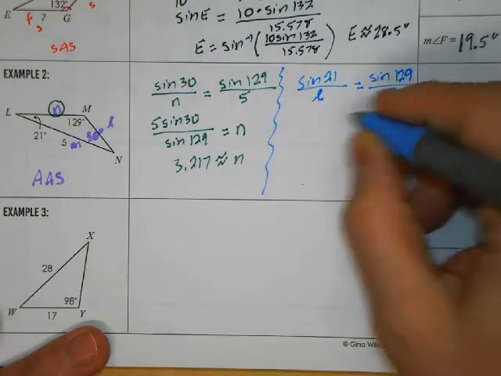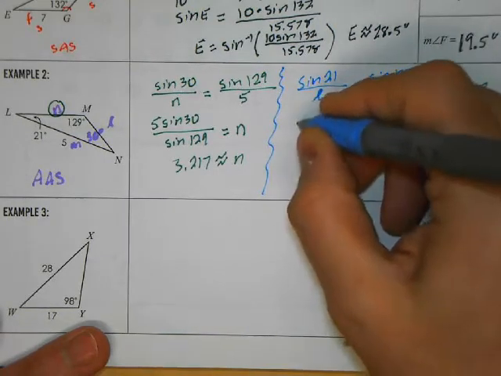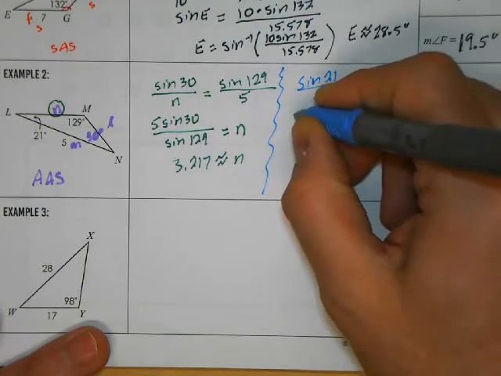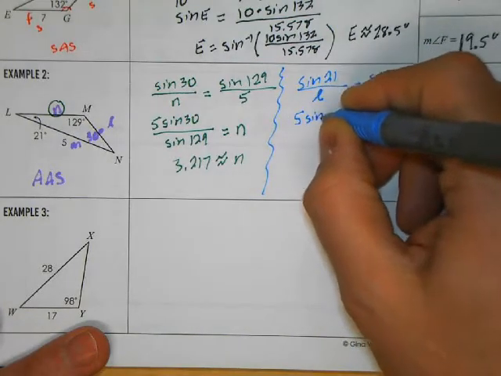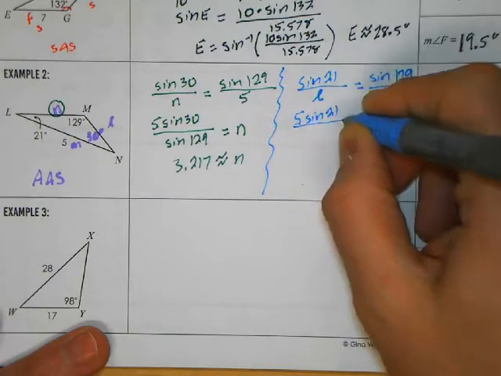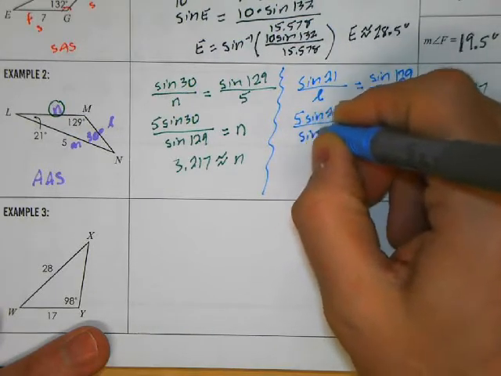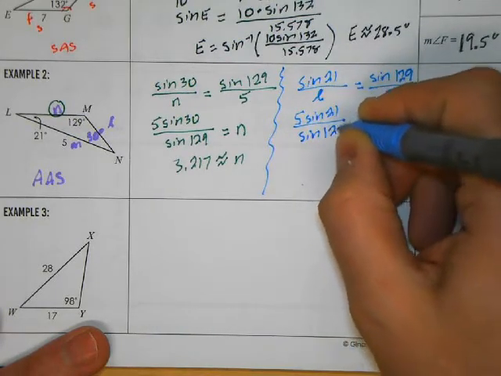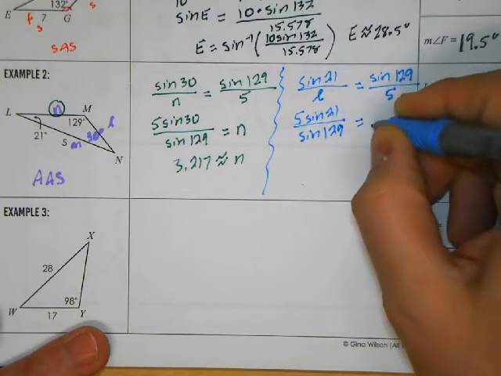Again, we'll cross multiply, and I'm going to wind up with 5 times the sine of 21 divided by the sine of 129 equal to side L.